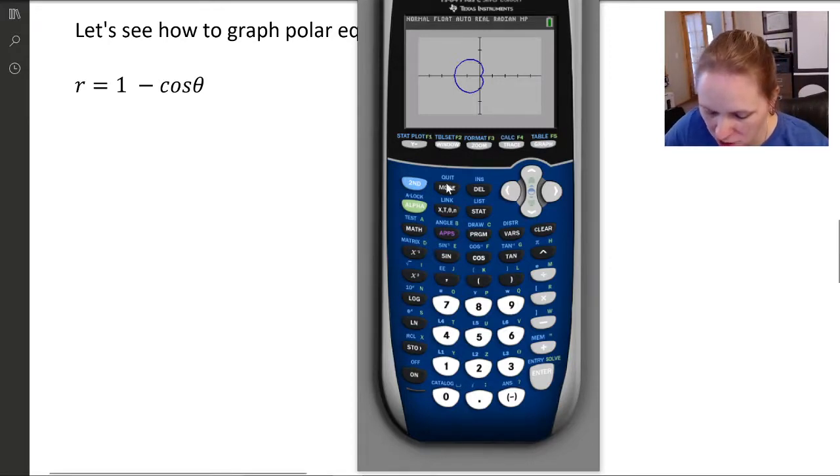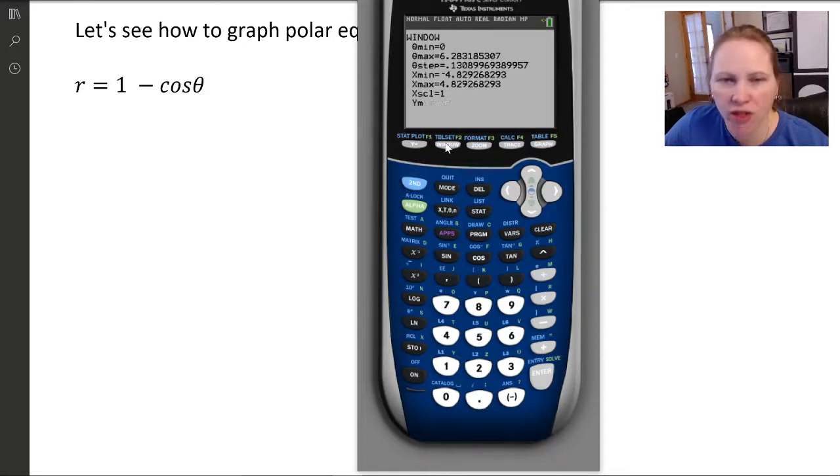So again, change the mode to polar, go to y equals, and make sure that you adjust your window as you go. We could probably zoom in a little bit further on this one, but I think we're okay for now. You can see that the zoom square does change your x values to give you a squared off look, and it accounts for the rectangular shape of your graphing calculator screen.